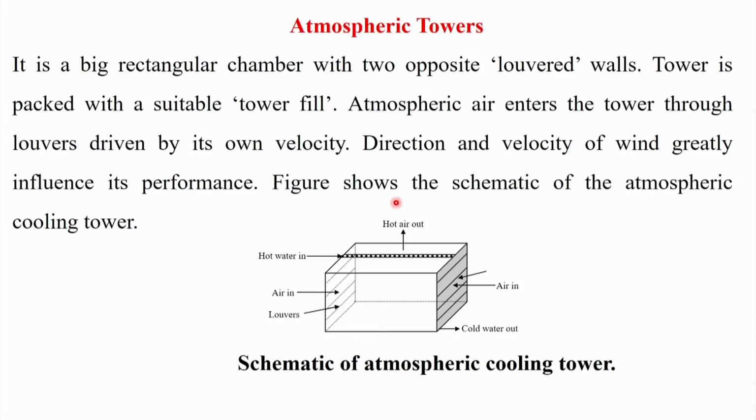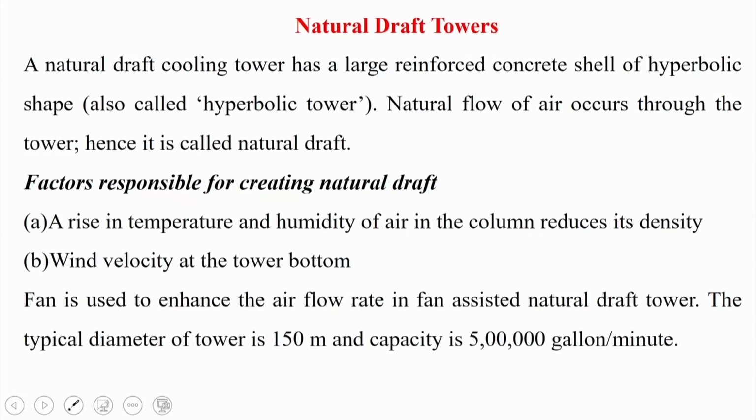Moist air will be coming out from the top of this cooling tower, and the water will be sprayed, and during the fall from top to bottom some amount of the water will be evaporated. Due to this evaporative cooling the water temperature will drop and this cold water will go out from the bottom of this cooling tower. Then we have the natural draft towers.